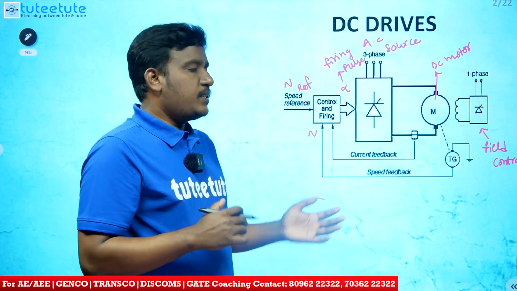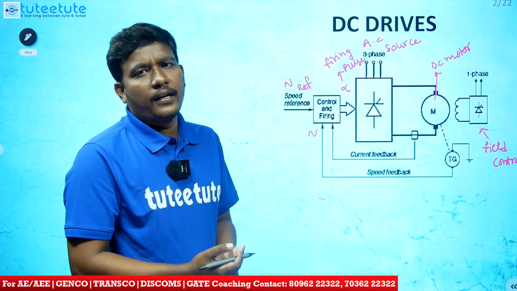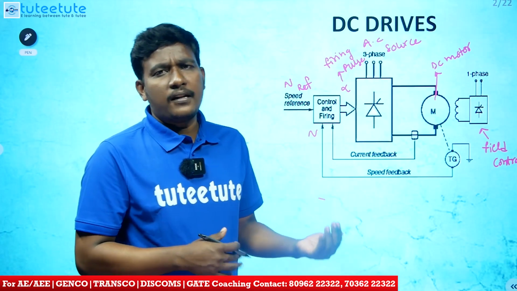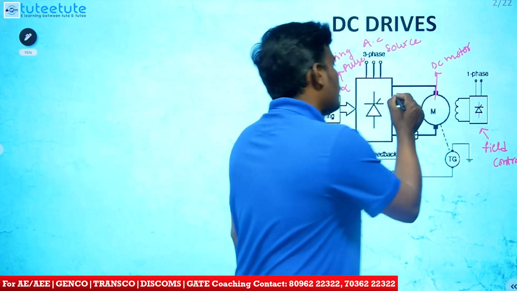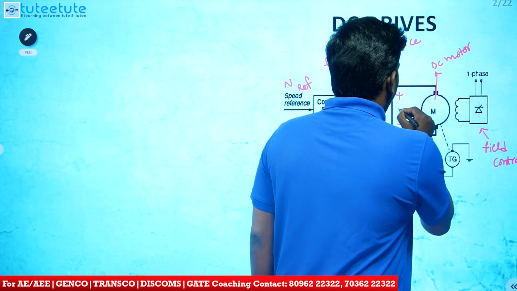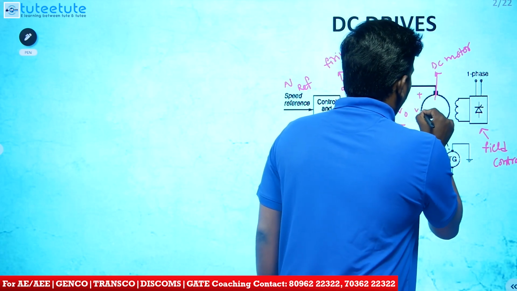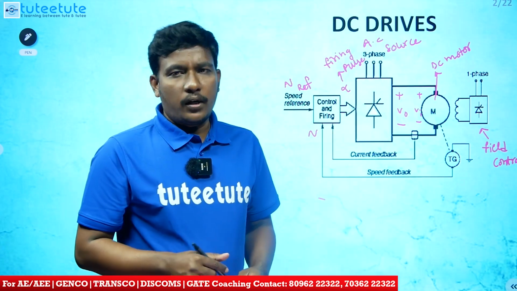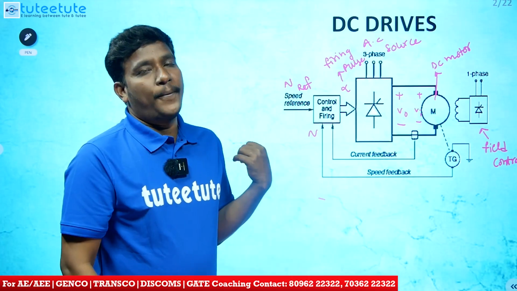Based on the comparison of reference speed and actual speed of the motor, the control unit generates the firing pulse, so that the power modulator will control the output voltage of the converter, or input voltage to the motor, so that we achieve the speed desired by the operator.